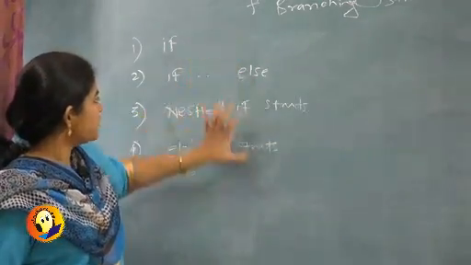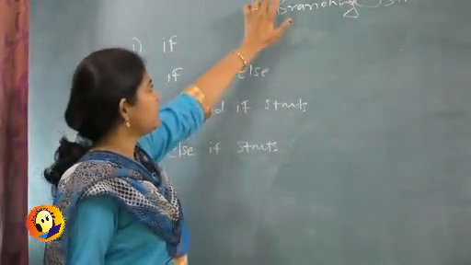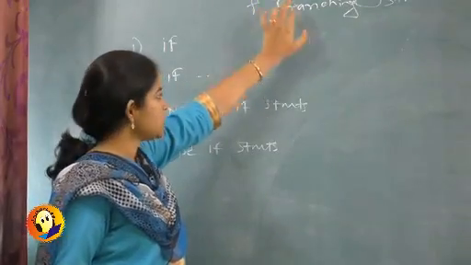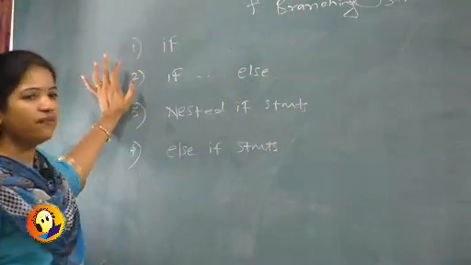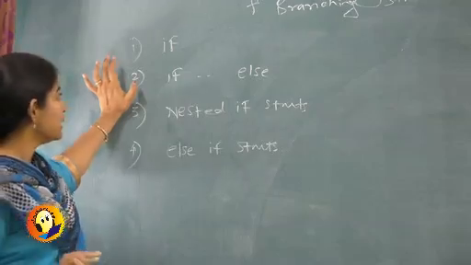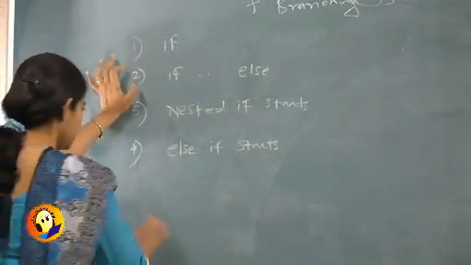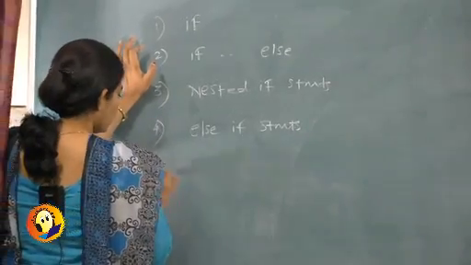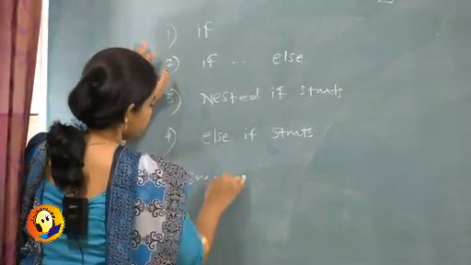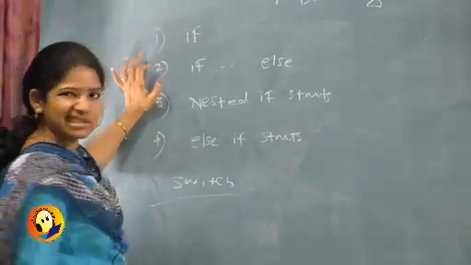So these particular things are done in Java with the help of decision making statements, and in Java there are 4 decision making statements. There are 4 if decision making statements present and 1 switch statement present for making decisions.